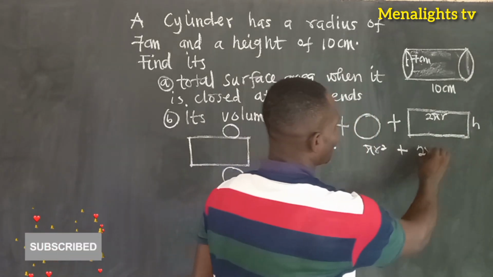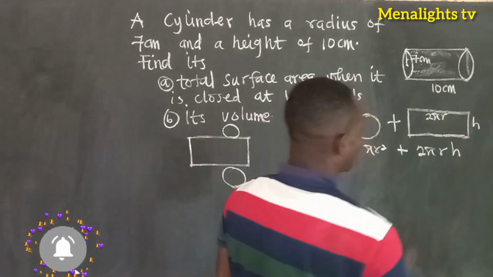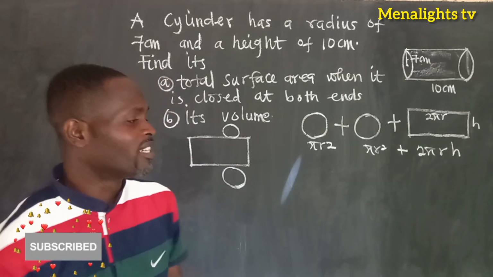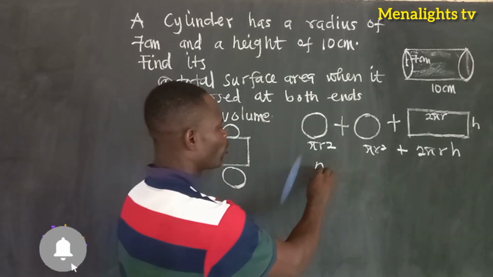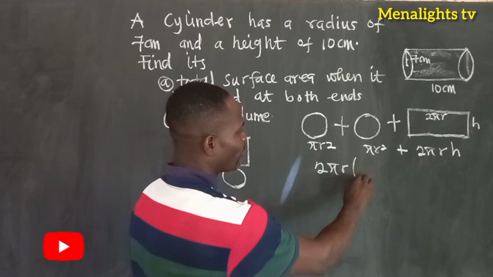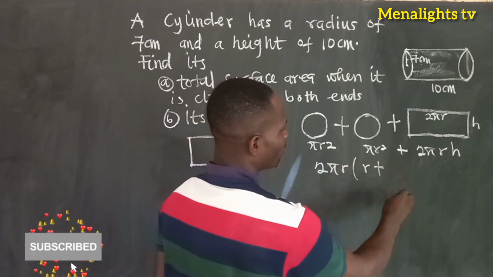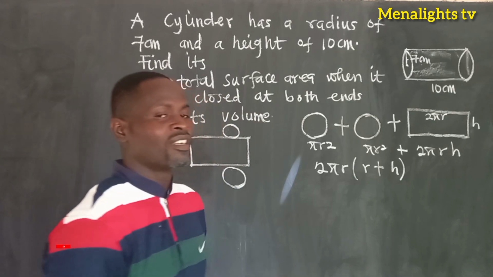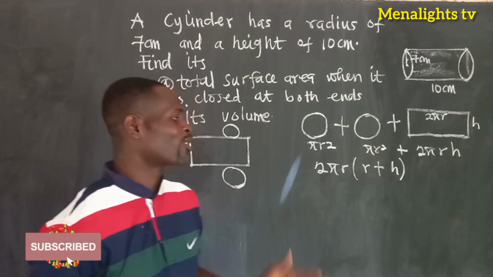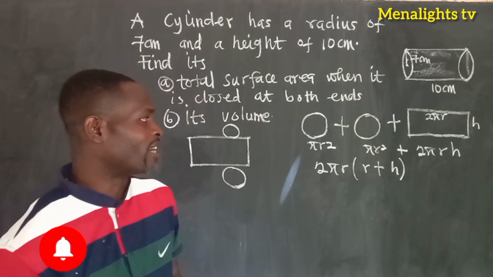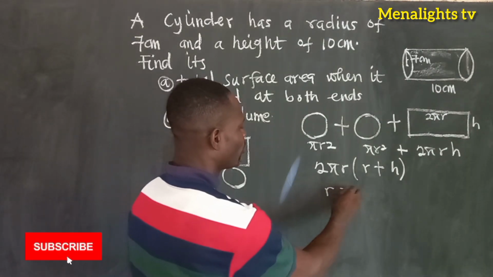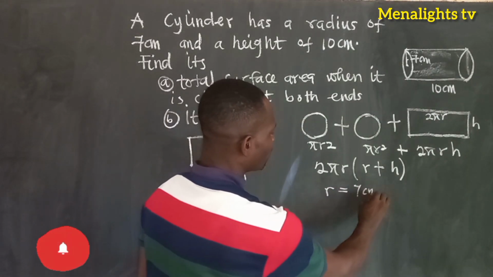So 2 pi radius height. When we simplify, we get 2 pi radius, then radius plus the height. This is the formula for finding the total surface area of a cylinder closed at both ends.